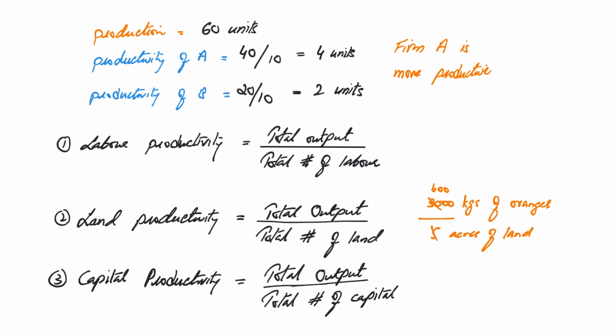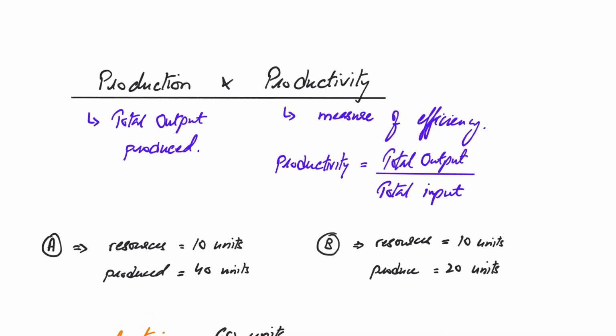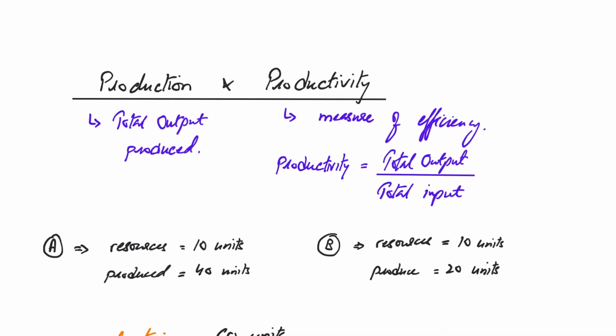So if the question is about how can you increase your productivity? The answer is in my formula. Formula is total output over total input. If I want my productivity to rise, let me make an arrow and show it.